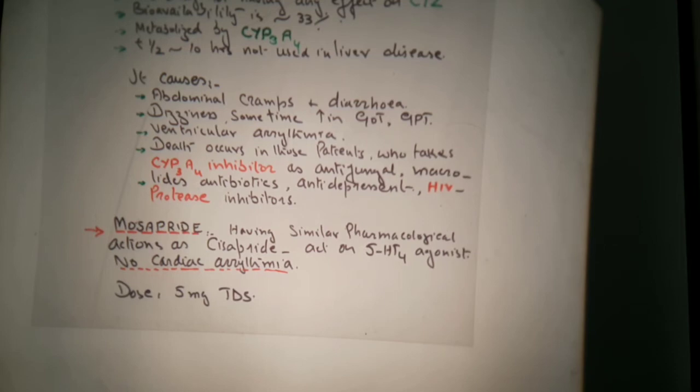Then is mosapride. Mosapride has similar pharmacological action as cisapride, acts as a 5-hydroxytryptamine 4 agonist, no cardiac arrhythmia. So dose is 5 mg TDS.